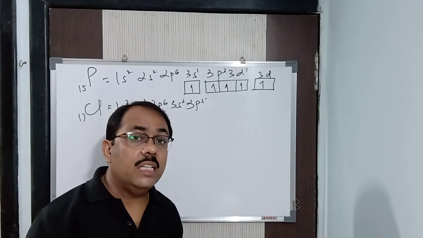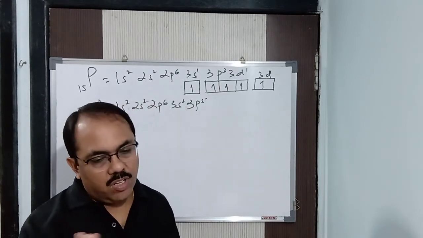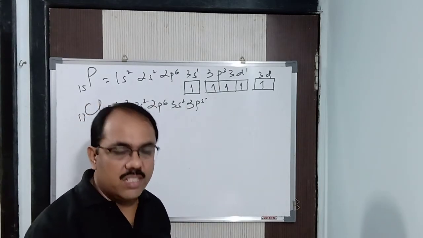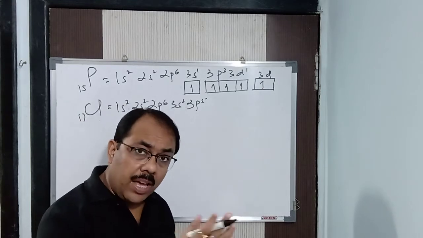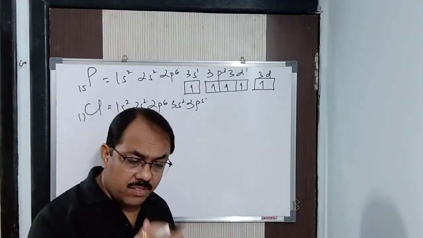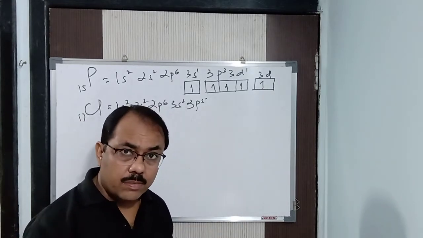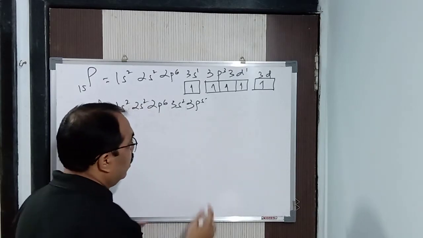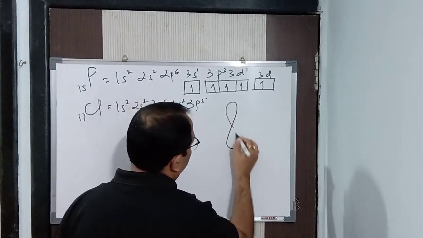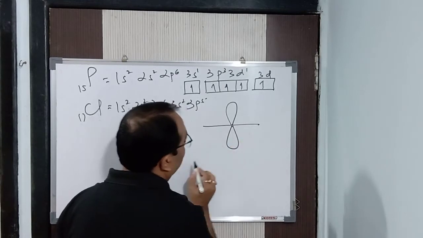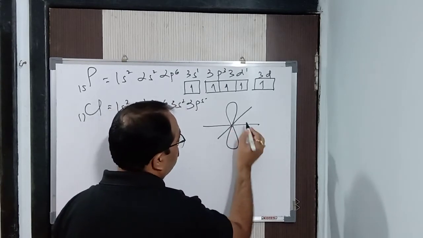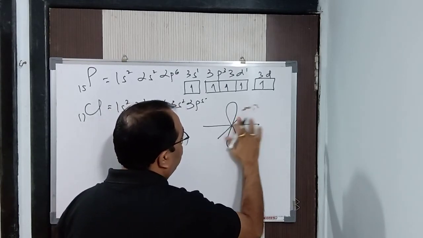That is dz square. Why? Because it has similar, almost comparable energy to 3px, 3py and 3pz. Understood what I said? Which orbital? It is nothing but 3d.